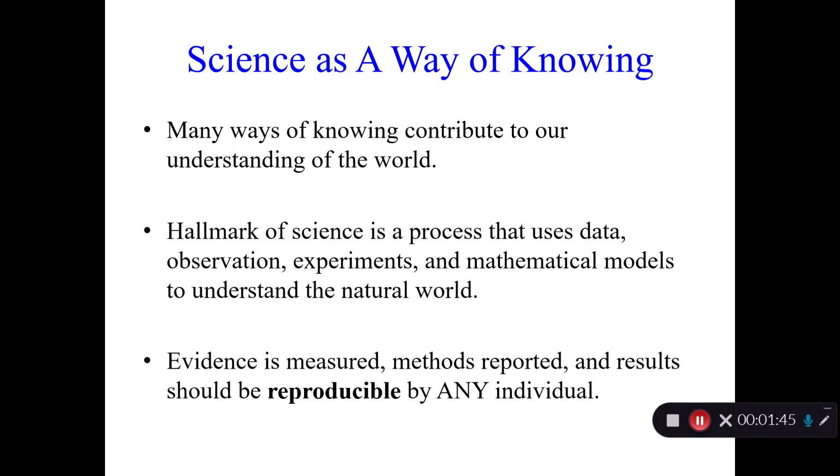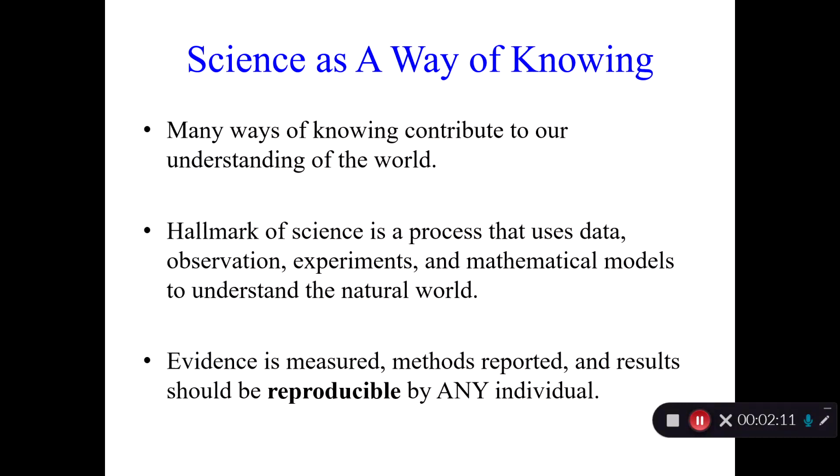And for some types of variables, we can also quantify them, right, and develop mathematical models to predict what will happen, right? So if we think of a field like astronomy, for example, they can't do experiments, but they can do a lot of observation and they can develop these quantitative models about the universe. And we use this to understand the natural world.